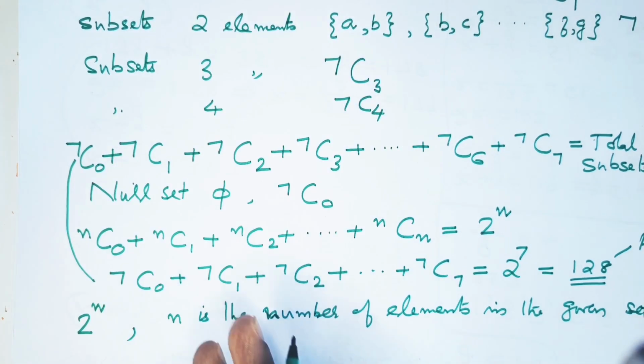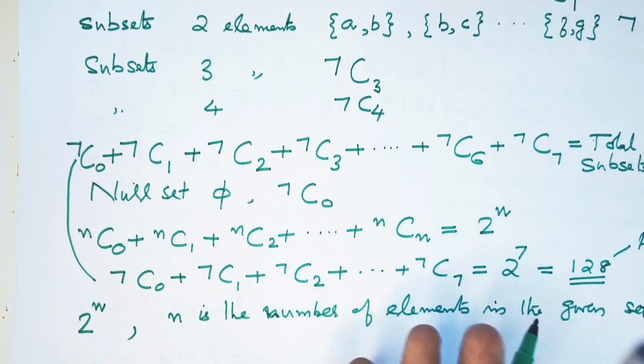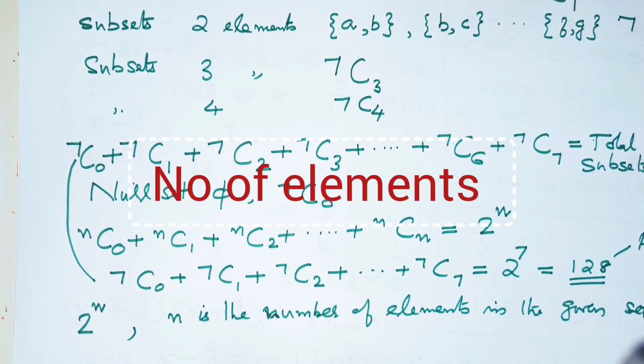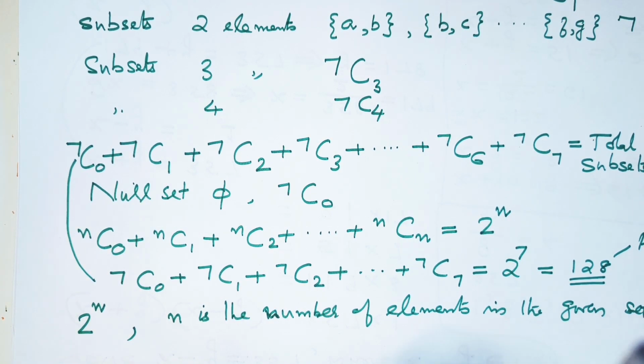I showed you the long form to show you how you arrive at this formula. Given a question of this kind, you don't need to go through all these steps. You can immediately write the answer as 2 power the number of elements in the given set to get the number of all subsets. In this case, it is 2 power 7, and the final answer is 128.